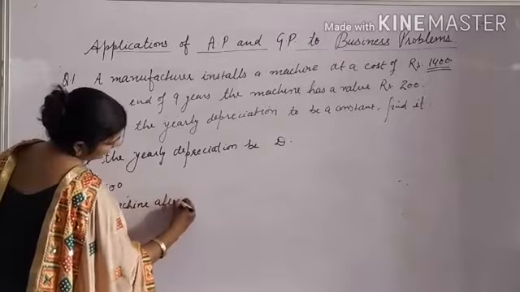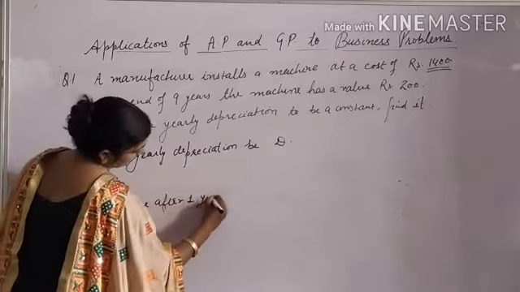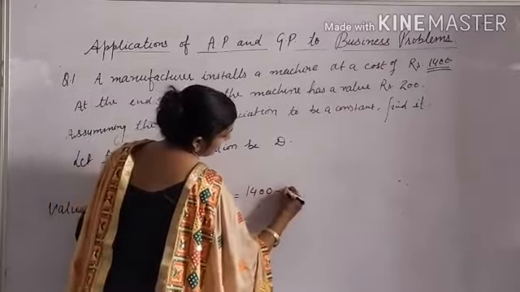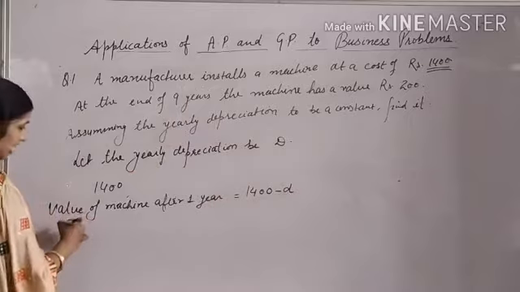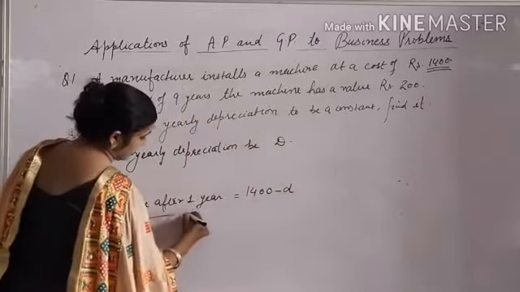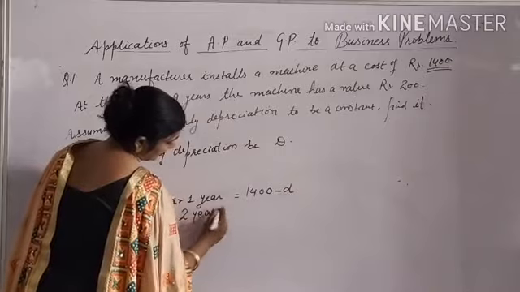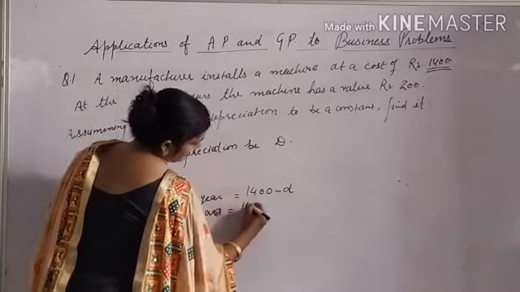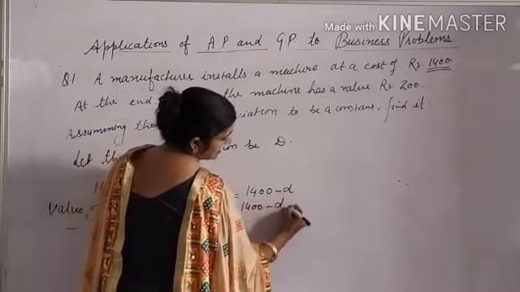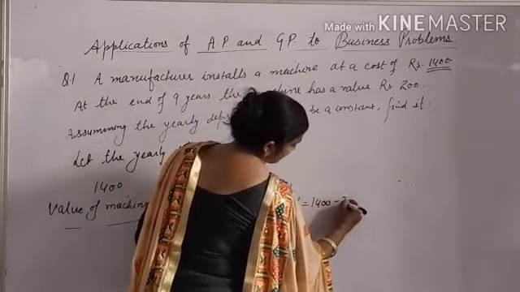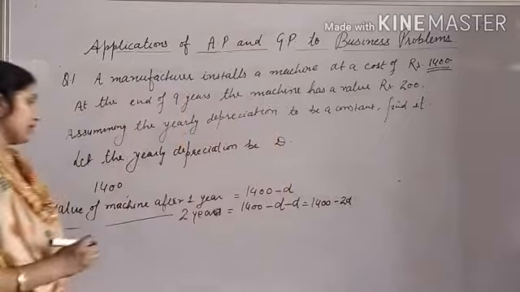After 1 year, it will be 1400 minus D. Now the value of the machine after 2 years is 1400 minus D again, so this is 1400 minus 2D.